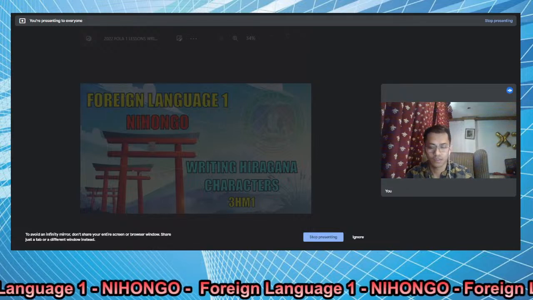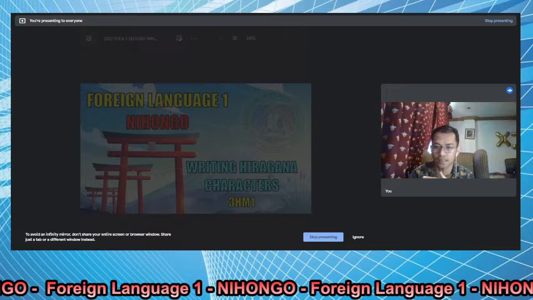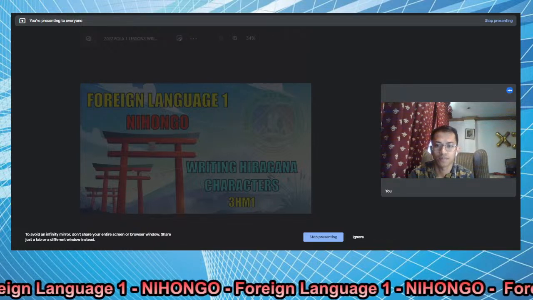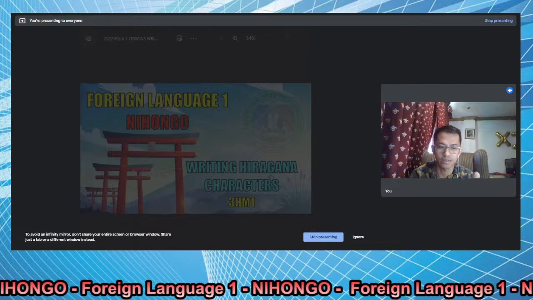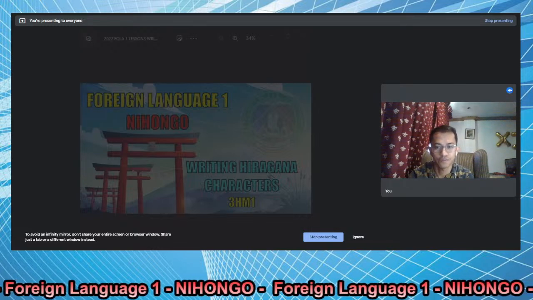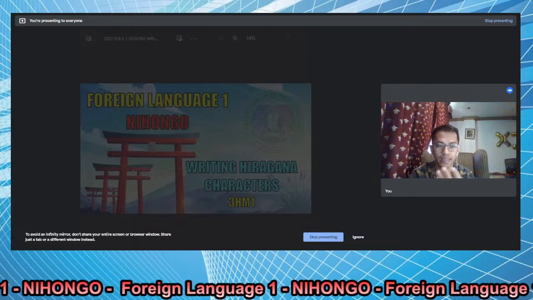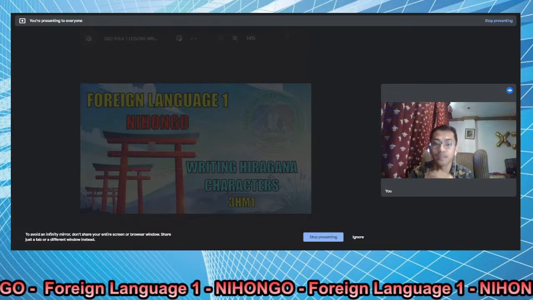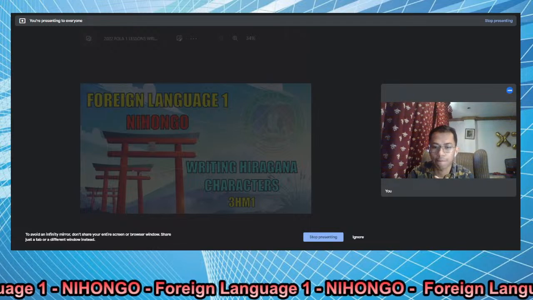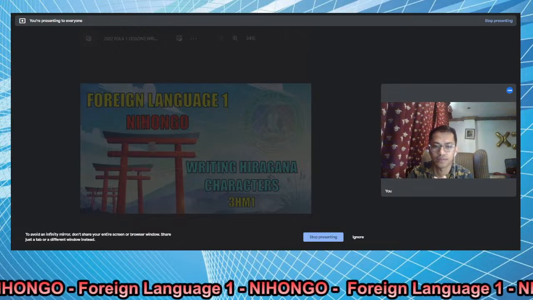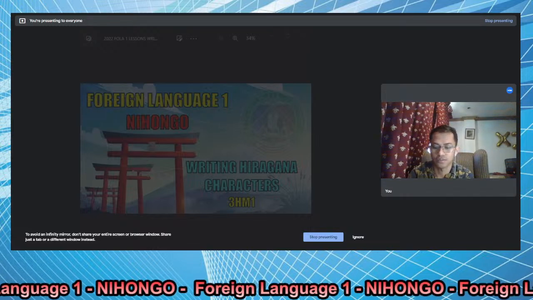We're going to practice writing hiragana characters so that in our succeeding lessons, when I show you different hiragana characters, you will be able to read and identify each character and learn how to pronounce these characters. Para mas madali yung ating discussion. Right?